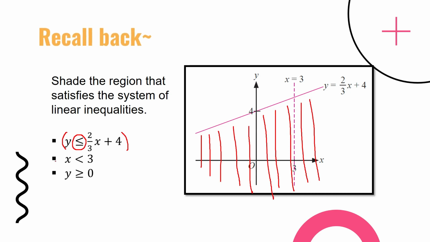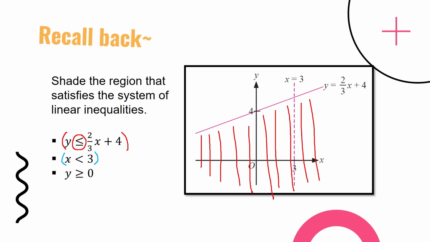After that we take a look at the second linear inequality. I will use a blue pen to show the shaded region for the second linear inequality. x lower than 3. From this graph, this dashed line represents this linear inequality. x equal to 3. This is the straight line.